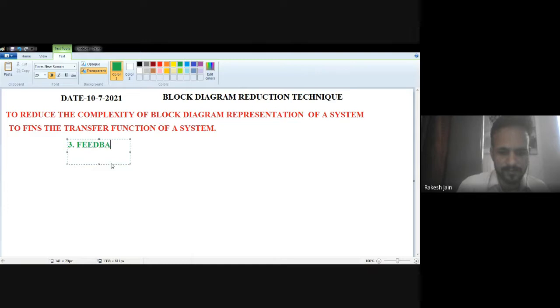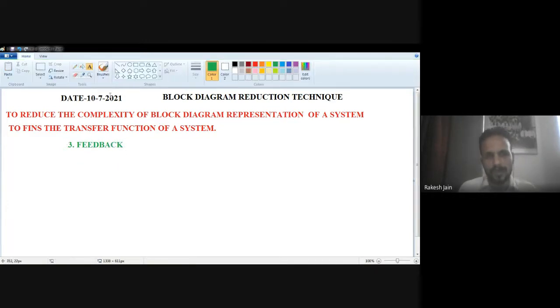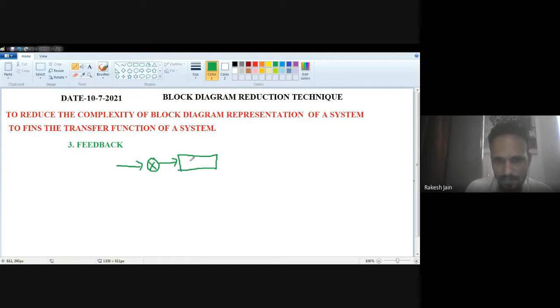Feedback. To find out the transfer function, this is very important, see very carefully. See this rule very carefully for all those methods. The output is C, the input is R, the block gain is G, and there is a summing junction because some part of the output comes back to the input.